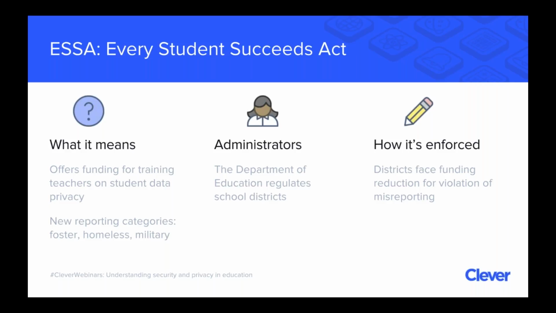This will likely increase the demand and the pressure on edtech apps to have higher privacy and security standards. Also, the law establishes 3 new categories of data reporting for foster, homeless, and military youth. This law is administered by the U.S. Department of Education. So on the enforcement side, districts could face a funding reduction if they misreport on these 3 new categories.